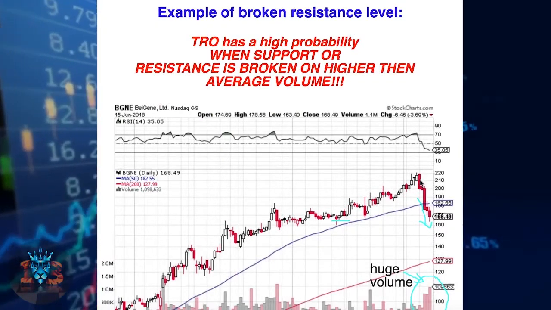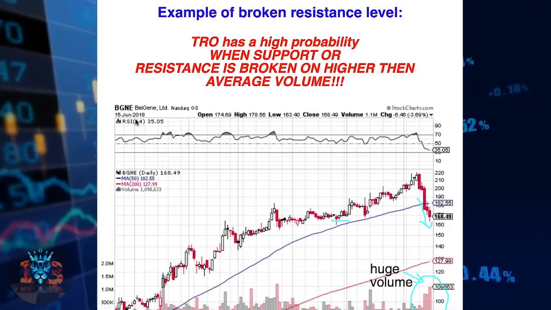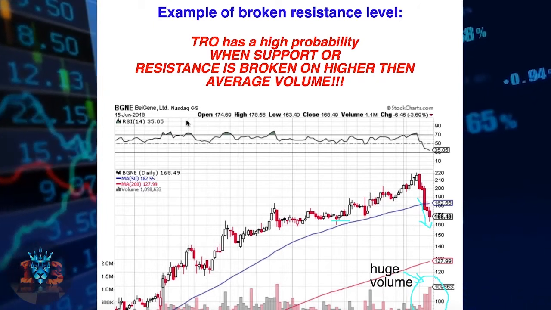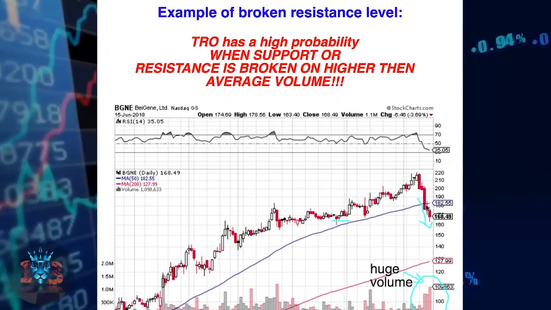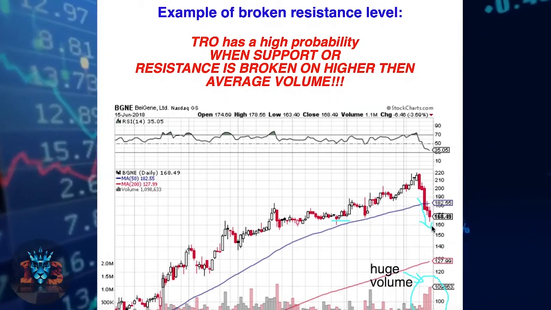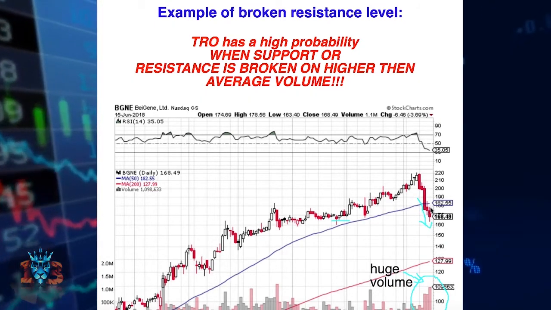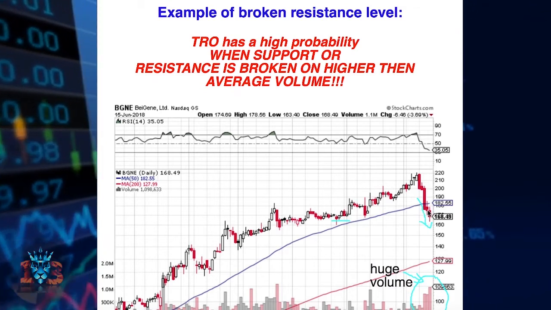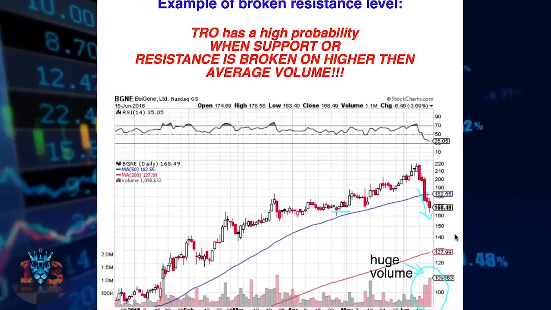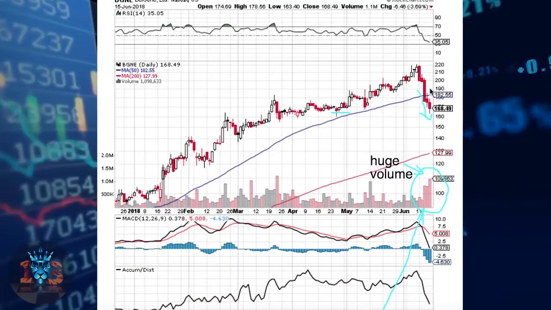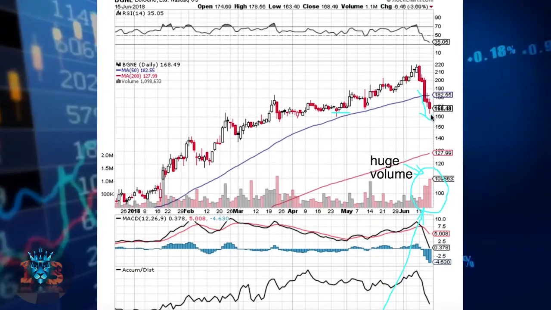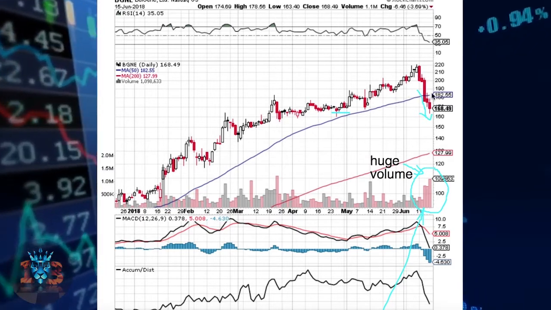As you can see here in this case, stock BGNE, BeiGene Pharmaceuticals, is breaking through this range right here. And at this point, you don't see any banks coming in and scooping up the stock. Also, notably, it's doing it on a very high volume. So the stock is breaking through the support line, which is this blue line.